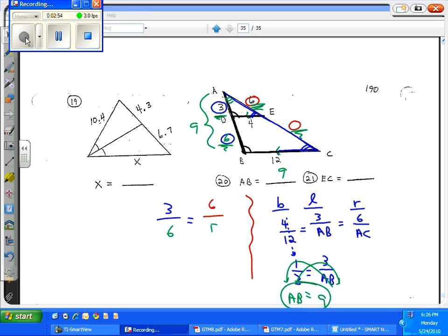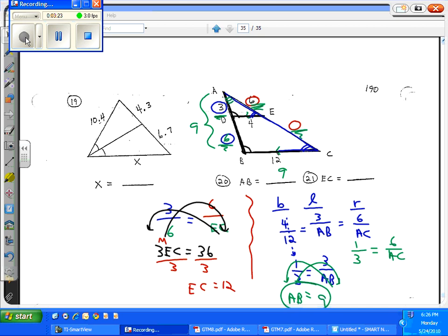Or we could come back over here and say scale 1/3 equals 6 over AC and get that whole side and then subtract 6 from it. I'm just going to go back over here to the sides divided proportionally. 3 times EC is 3 EC is equal to 6 times 6, which is 36. We undo multiplication by division, and we get EC is equal to 12.